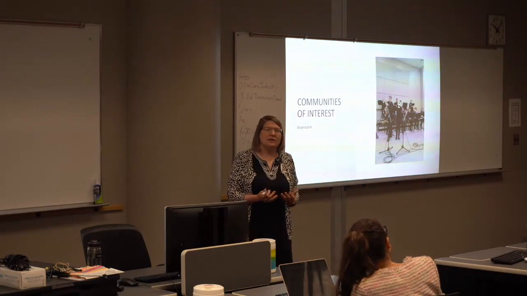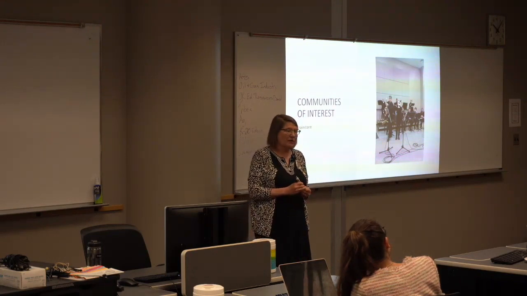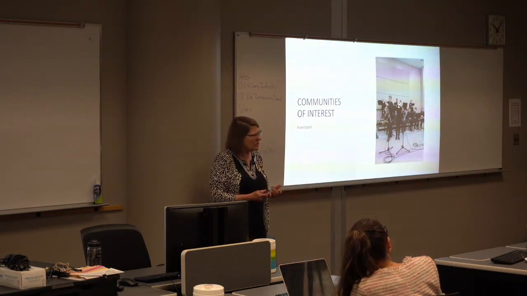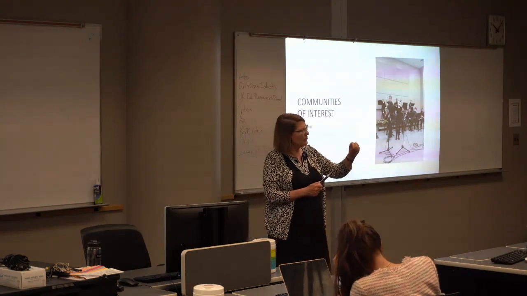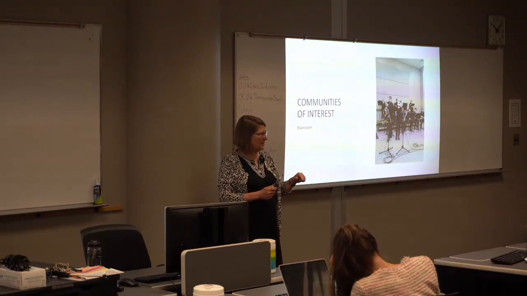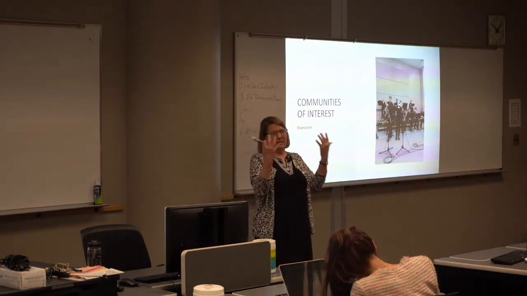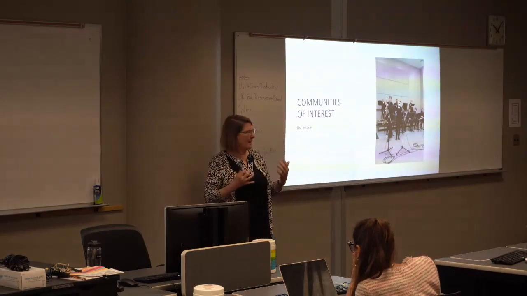Think back to the civil rights era when a lot of organizing was done in the African American churches, right? Was that a community of interest? Were they looking for political action for the religious organization? They were organizing through religion, but they were looking for their community.